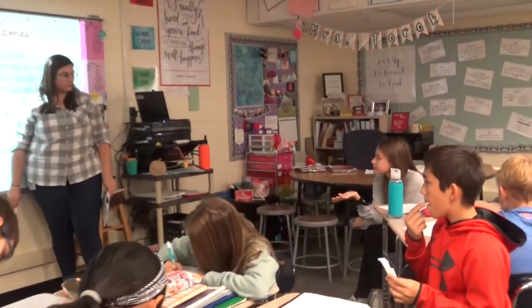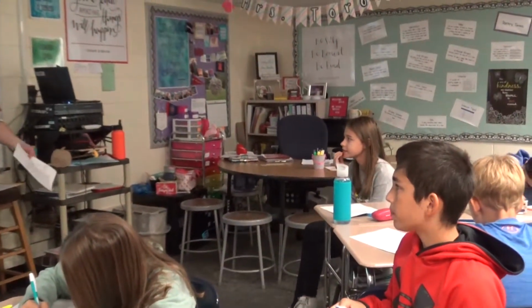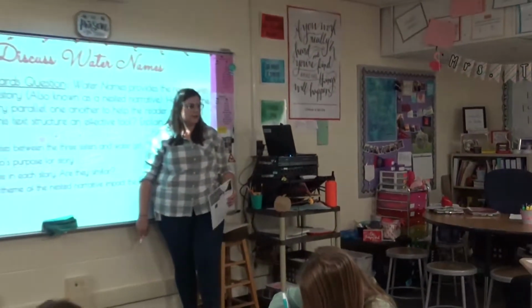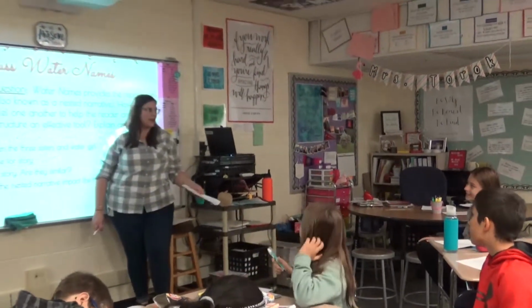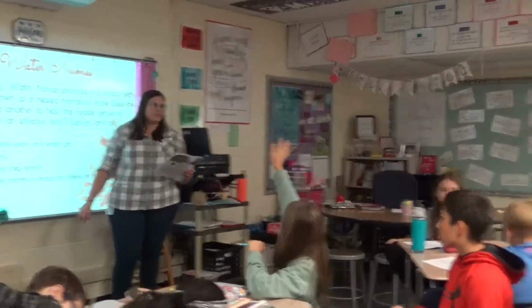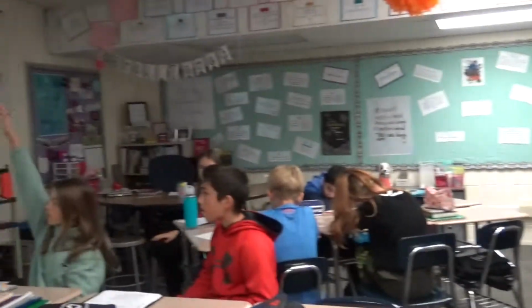Teaching them a lesson? Yeah, I totally think she's teaching them a lesson. What lesson do you think she's trying to teach them? Just not to fight. Okay, so not to fight. Sanjana? Listen to the older people. Listen to your elders.